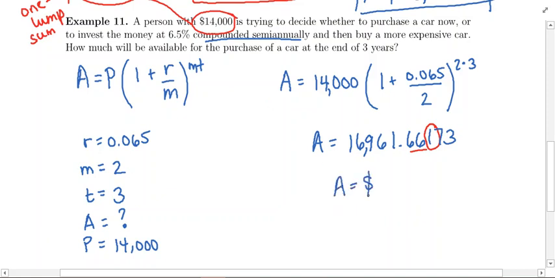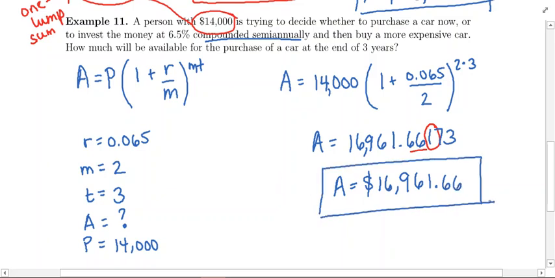That means that after 3 years, the account balance is going to be $16,961.66. That's how much the person will have to spend on the car if they take the $14,000 and invest it for a 3-year period.